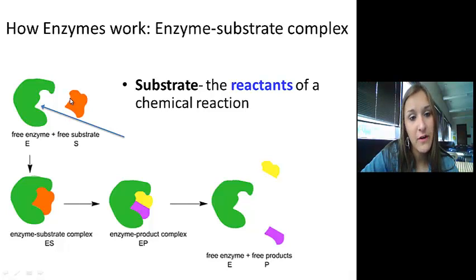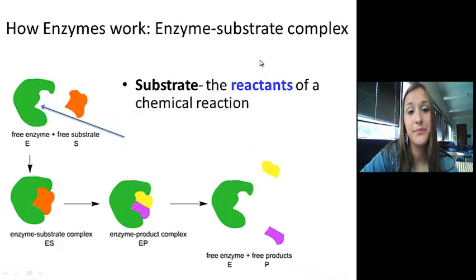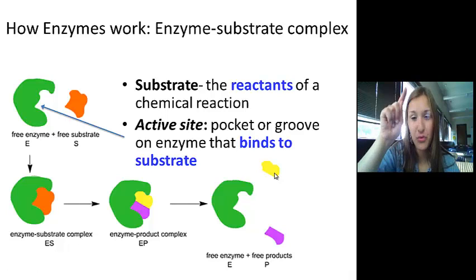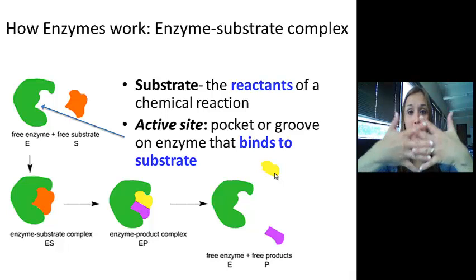And you can see that there is a specific shape here and a specific shape on the enzyme. Enzymes only work on specific substrates. So here we can see it bonds and it's going to break that orange molecule apart, and those are the final products, what are being made. Okay, so that groove is called an active site. It's a specific groove that bonds to the substrate.